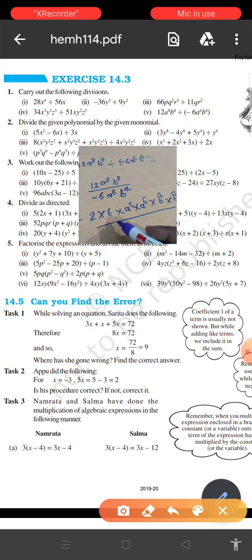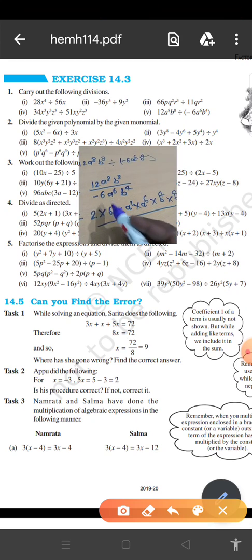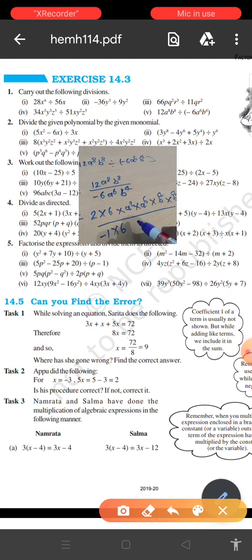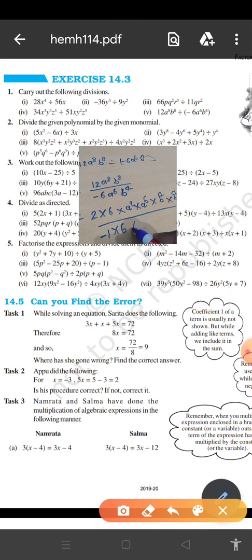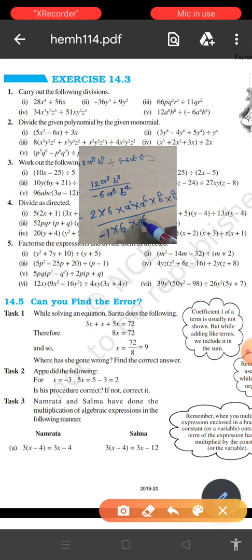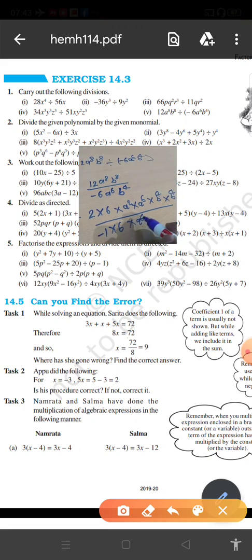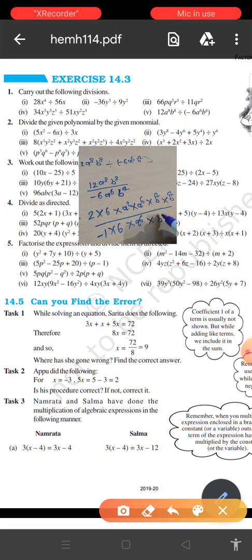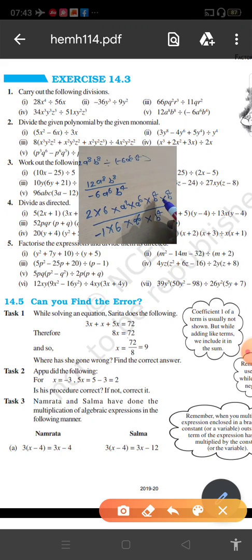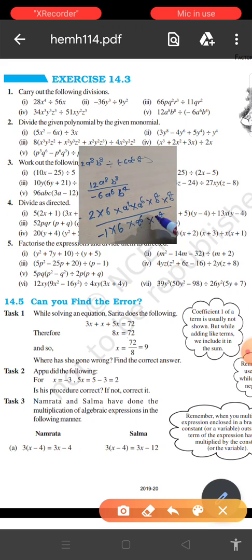Okay, also here we can write minus 6 as minus 1 into 6. Okay, a power 6 we can write as it is, because you can see here a power 6 will be cancelled, and b power 4 we can write as it is, because you can see in the numerator also b power 4 is available.